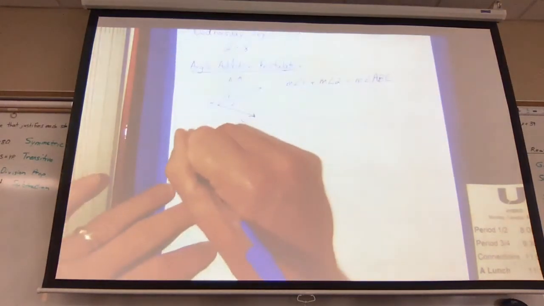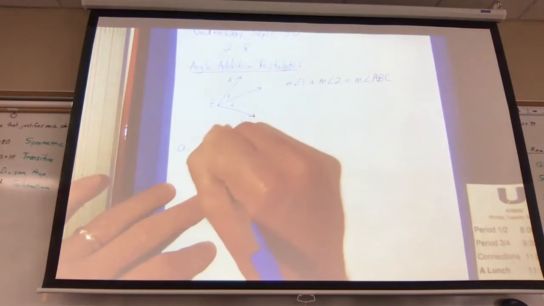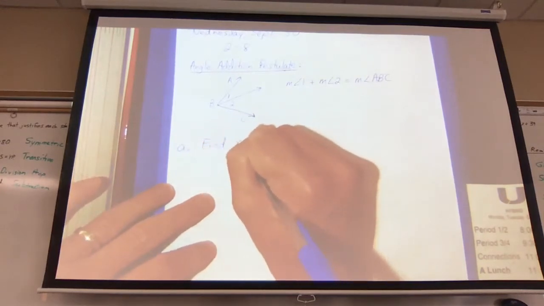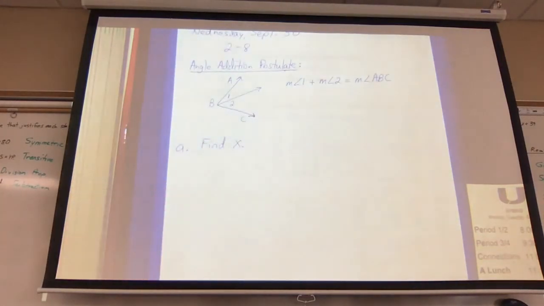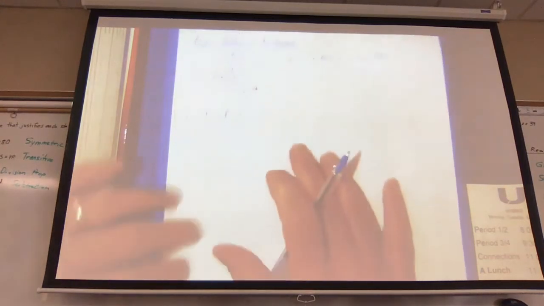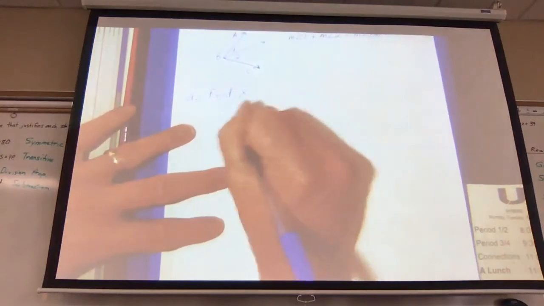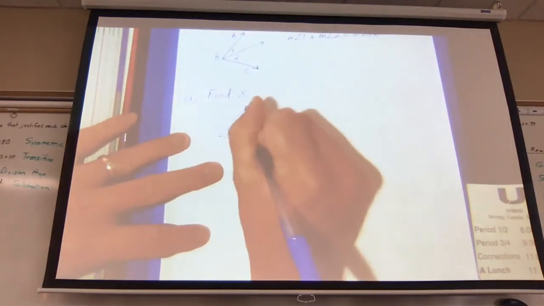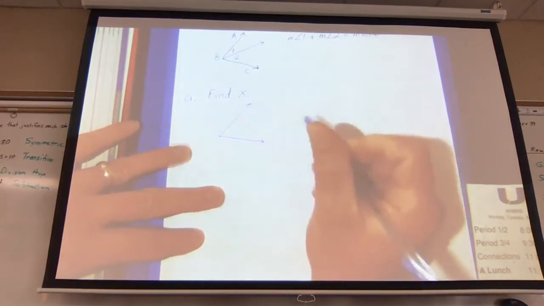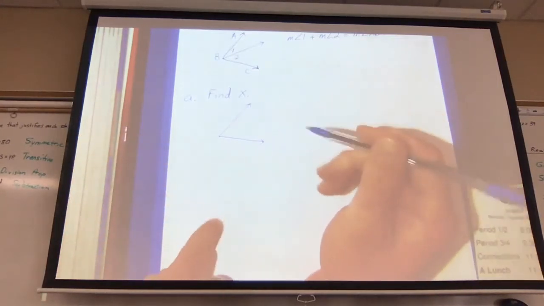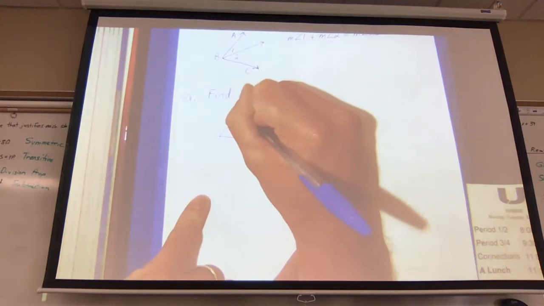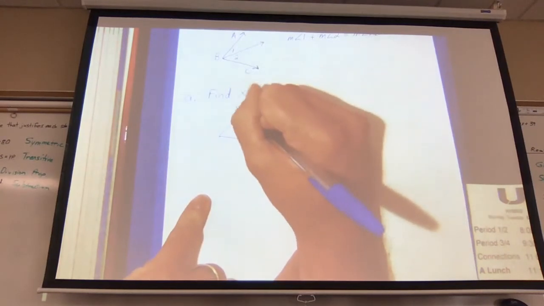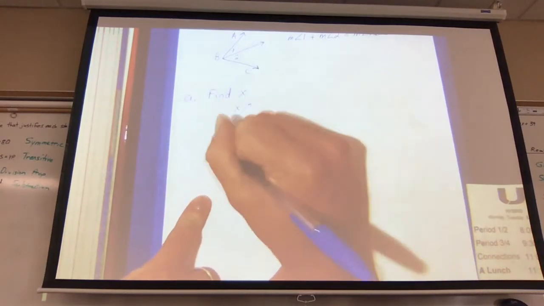We'll call this one letter A. They're going to tell us to find X. And on this one, our picture, we have a big angle. Let's call it, we're going to call this XYZ.